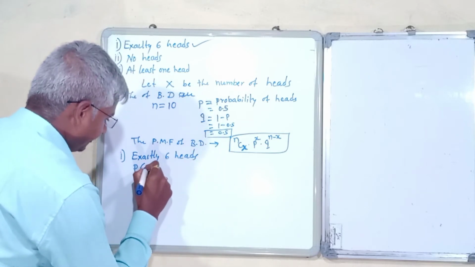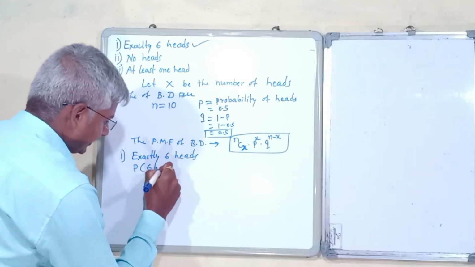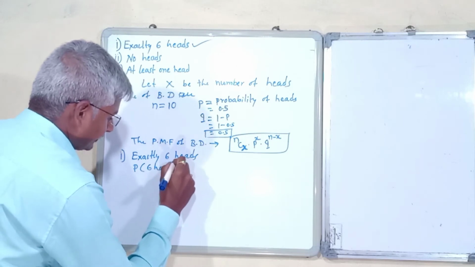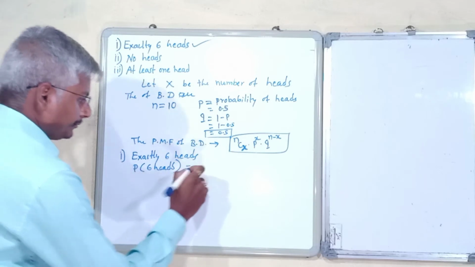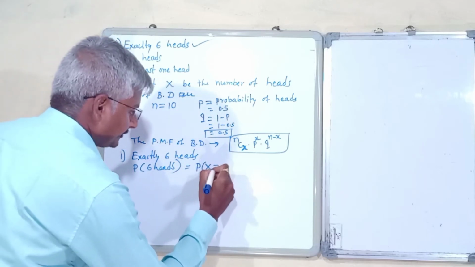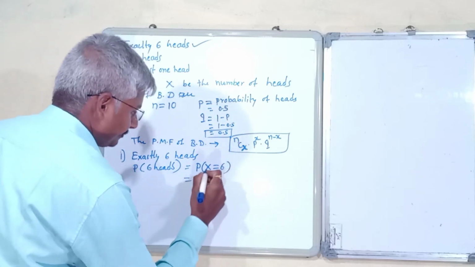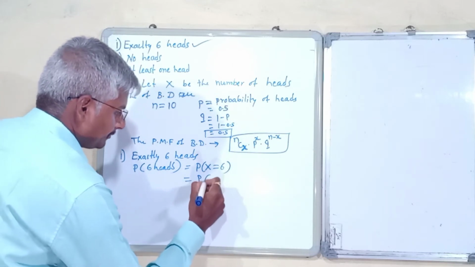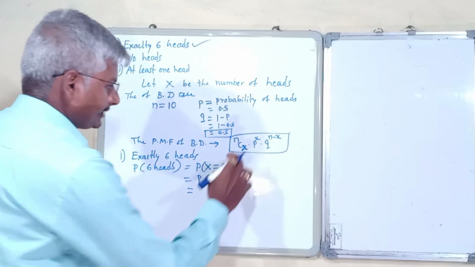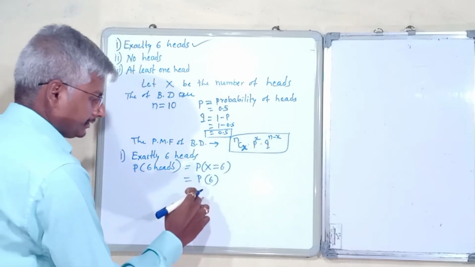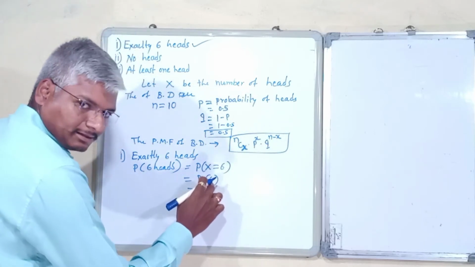Then probability of exactly 6 heads equals probability of x equals 6. That is, wherever x is there, you need to insert the particular number 6.